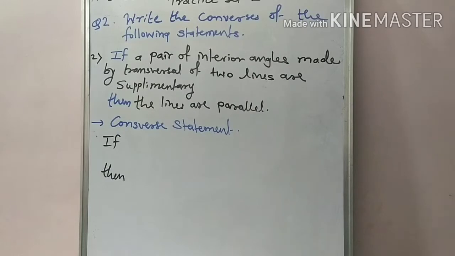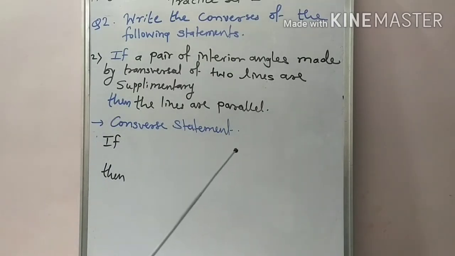Now the given statement is itself in if-then form, so we can write its converse statement. In a converse statement, we exchange the if and then parts. The then part, 'the lines are parallel', becomes the if part.